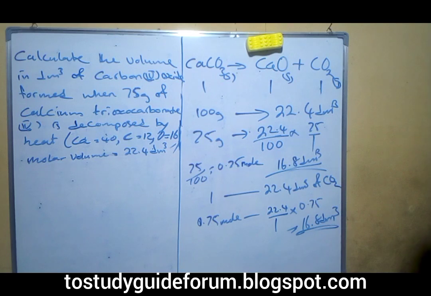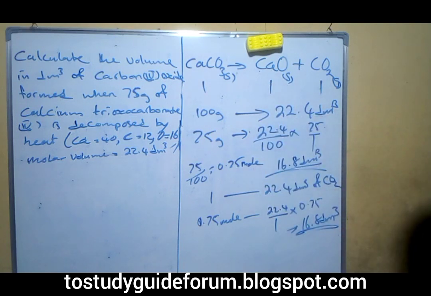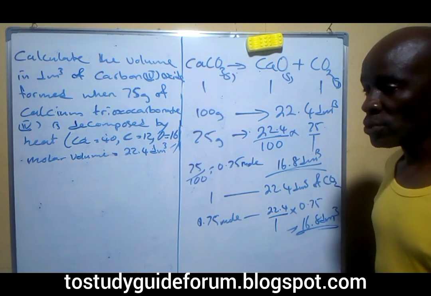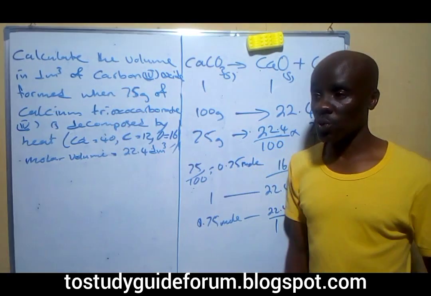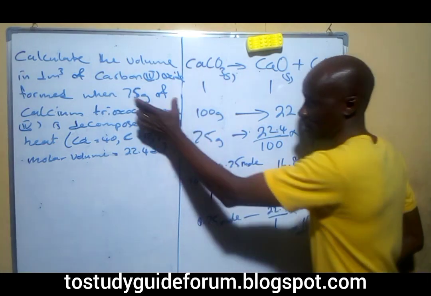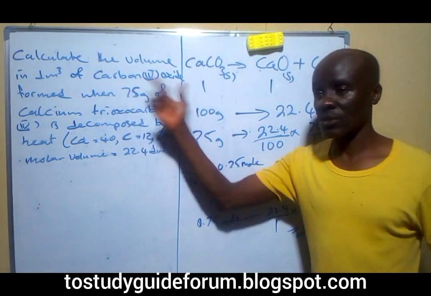Based on this, you find out that all of them will arrive at the same answer. But one thing is that I personally always advise any student or candidate writing the exam, you always look at what you have to make the work easier for you. Because the question here talks about mass, it means that we are moving from mass to volume.